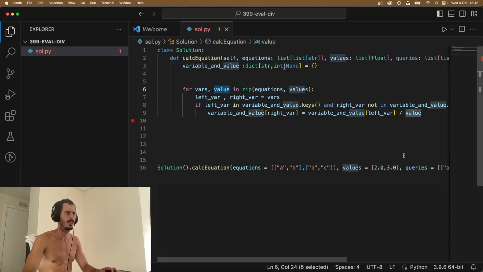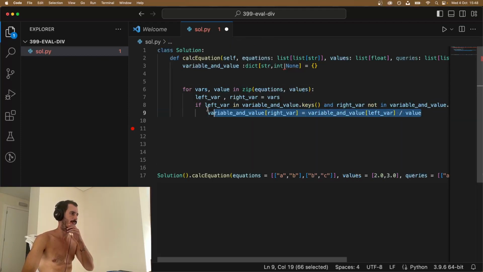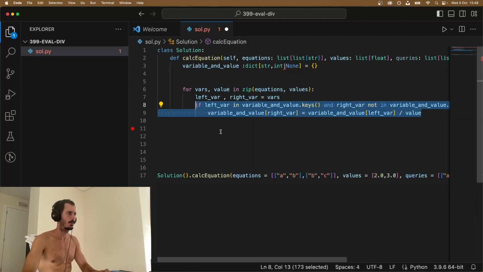And we need to do the opposite thing, the other way around.